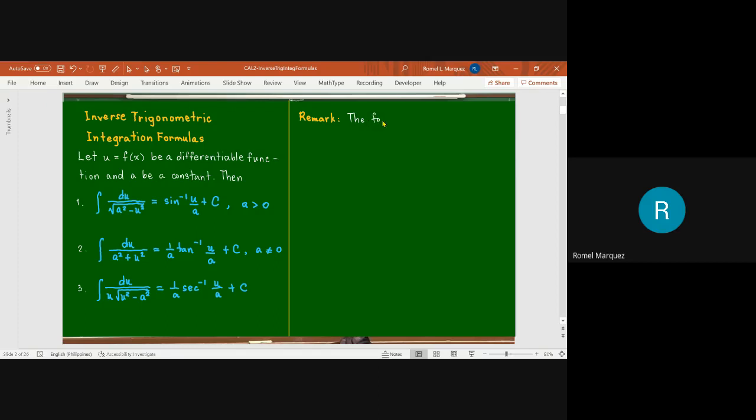The formulas listed are based on the following ranges.